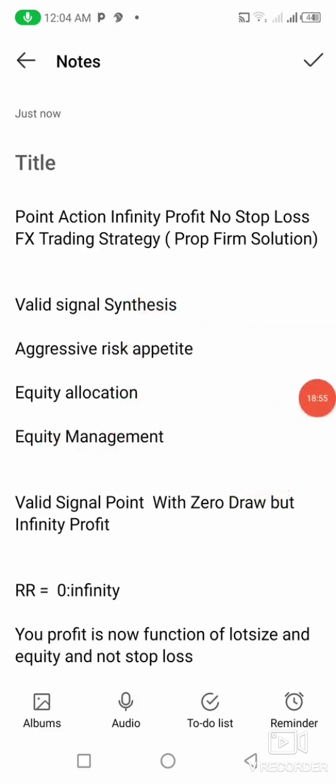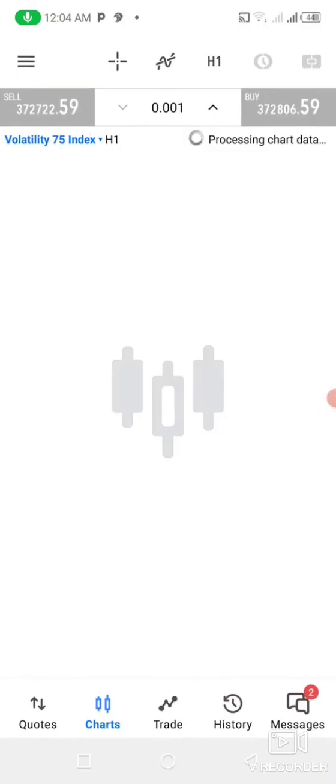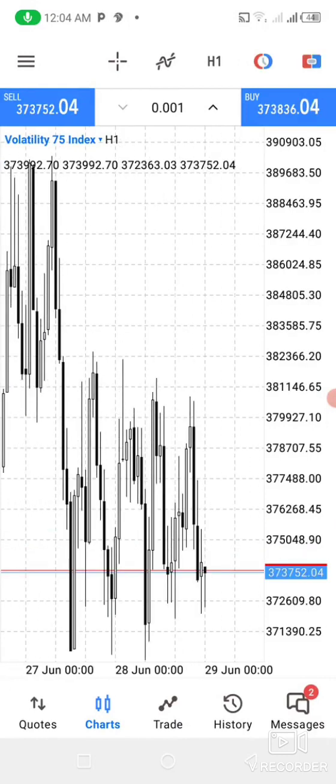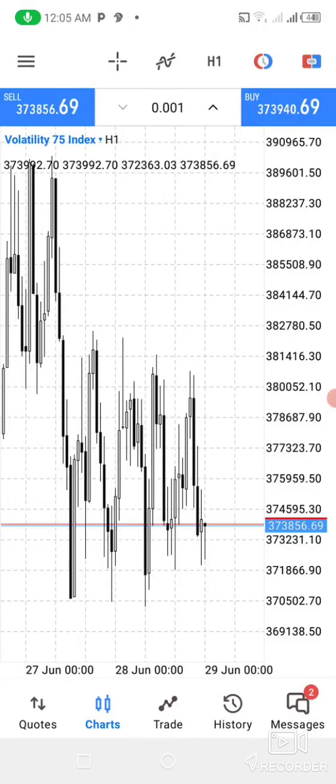Okay, so let's start with valid signal synthesis. How do we get a valid signal synthesis? How do we get a valid point action? Or how do we get a point where there is probability of getting a valid point action? How do we know?